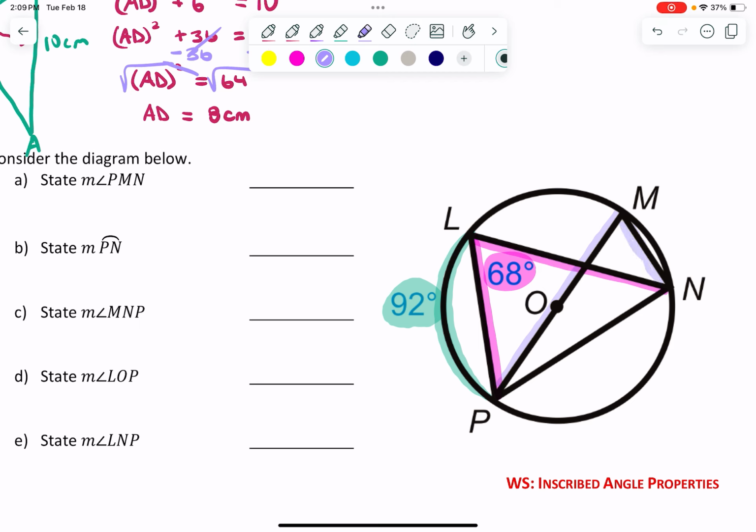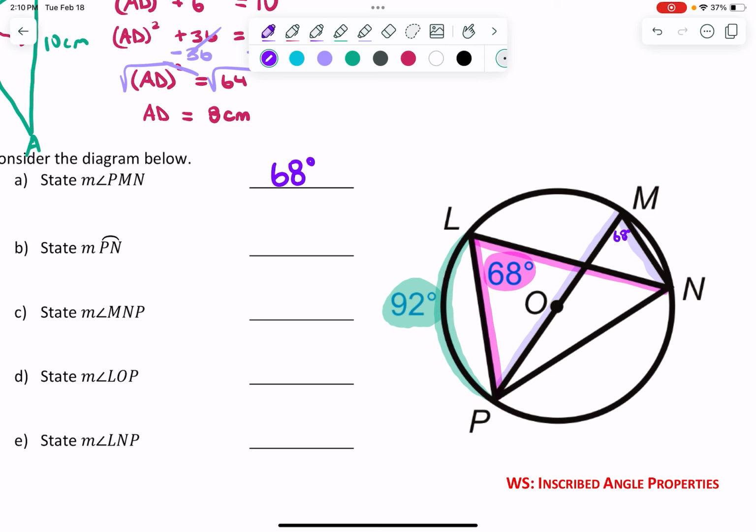It's made out of 2 chords. I noticed that it's an inscribed angle that intercepts the same arc as my other inscribed angle, and using property 2, I know that this angle here is also 68 degrees.